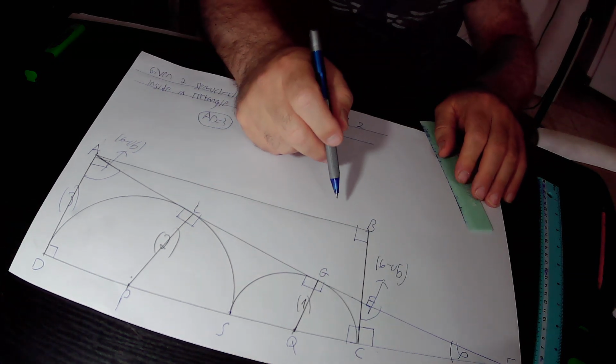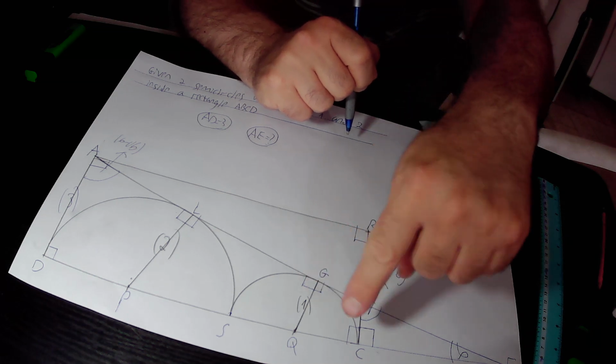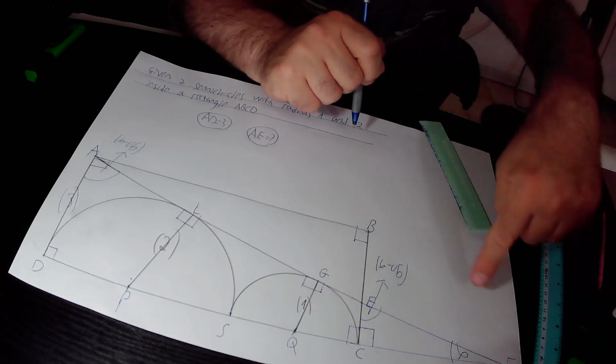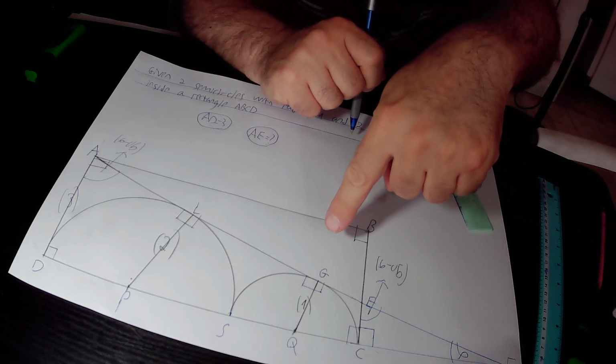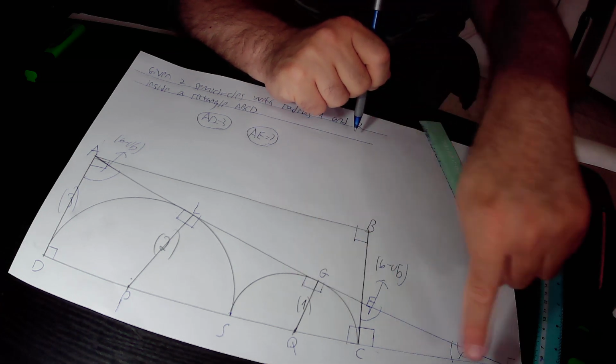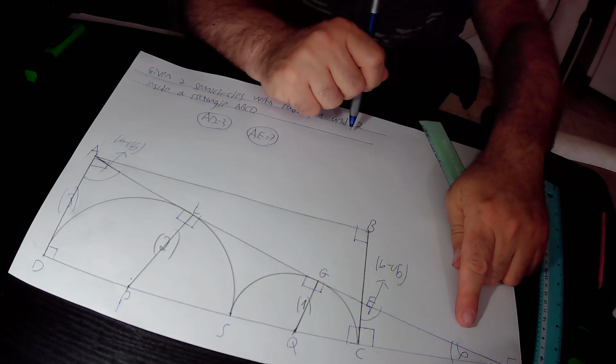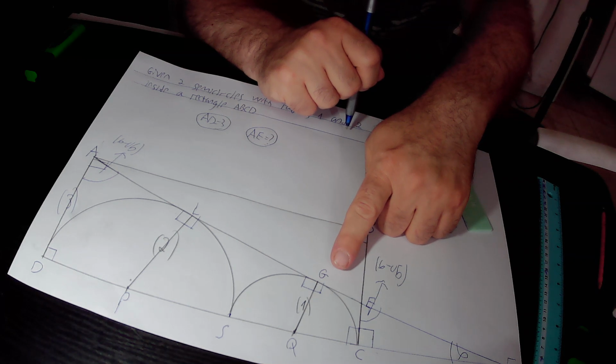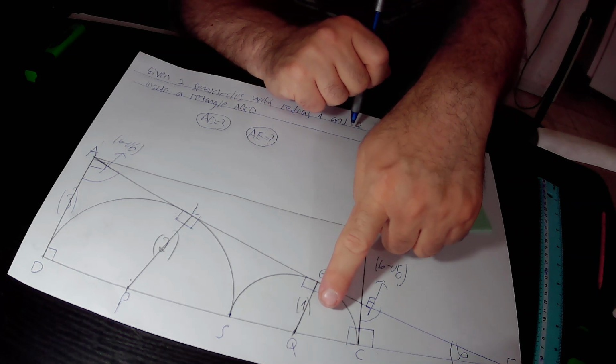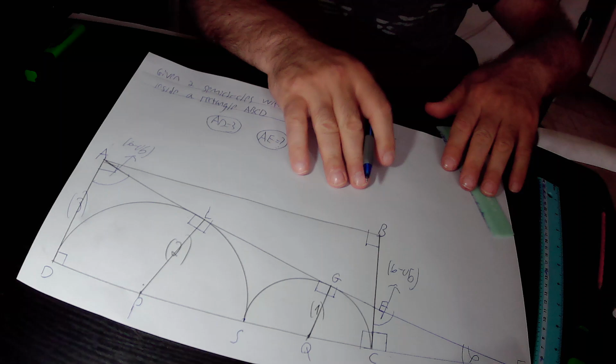So in this small right triangle GQF, this angle equals alpha, this angle equals 90 degrees, therefore this third missing angle must be equal to 90 degrees minus alpha.